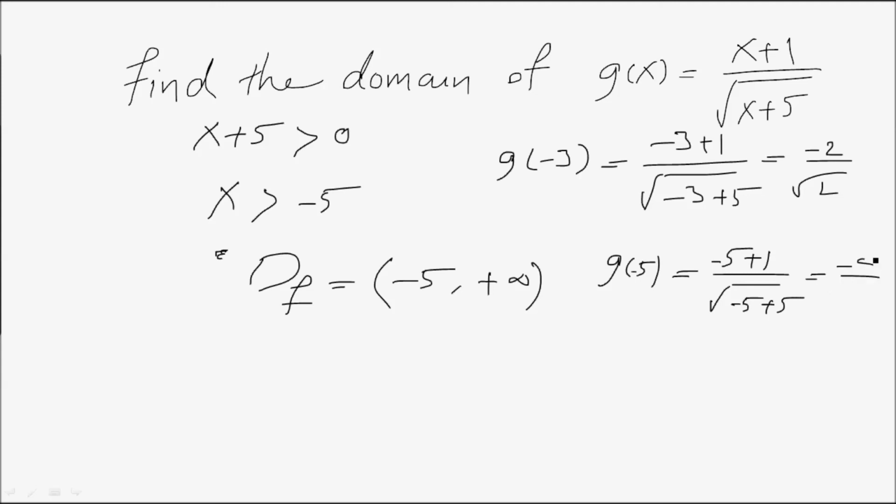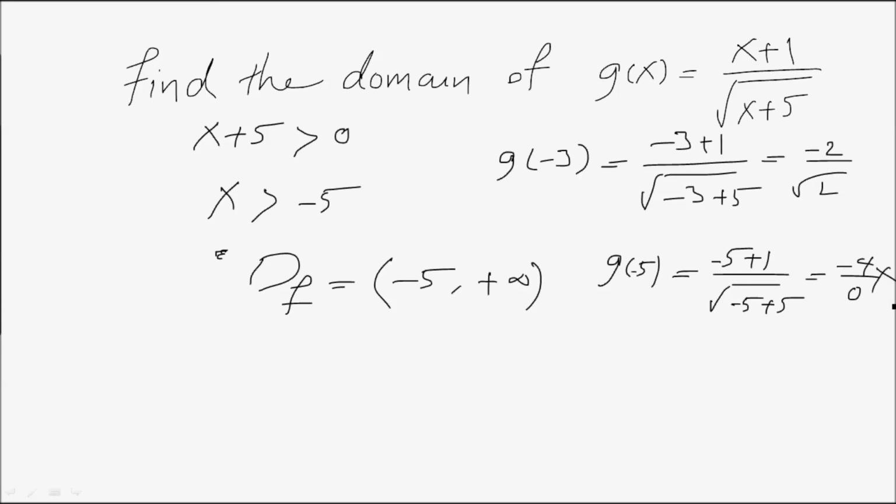Now you see I have negative 4 over 0, which is undefined. So that's why here I have a round brace. That's why here I don't have equality, because negative 5 will give me a 0 denominator, which is undefined.